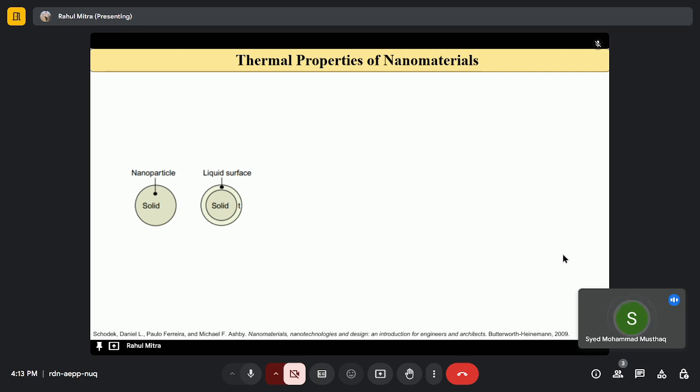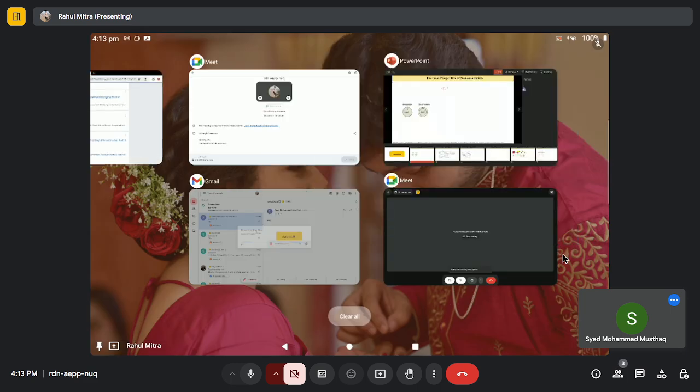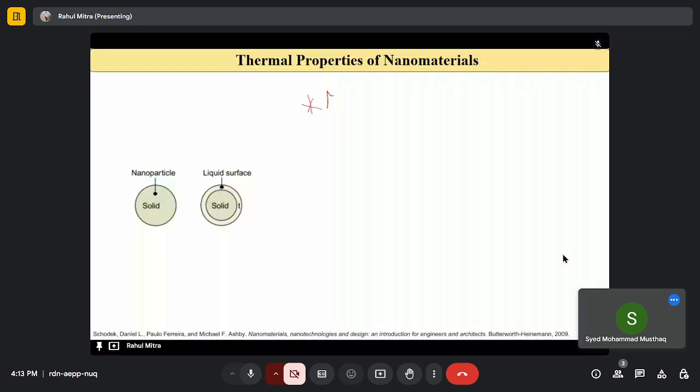So what previously we have discussed? We have discussed the thermal properties, right? So in thermal properties, first we mentioned about the melting point, right? I started with melting point, so let me start with melting point.